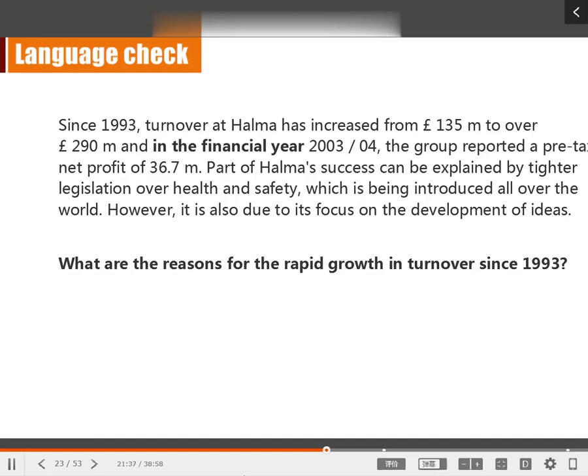However, it's also due to its focus on the development of ideas. 好，大家注意一下这两个句型 can be explained by, be due to. 那么这样两个句型呢，是可以用来描述成功的原因。那么同时呢，我们注意一下这段文章的一个结构哈。那么开篇呢，它是用数字来说明 The financial year has been a success. 好，先是拿数据说话，那么紧接着呢，用两个句型 can be explained by, be due to 来说明成功背后的原因。好，我们看一下这里的这个 term 哈，financial year.